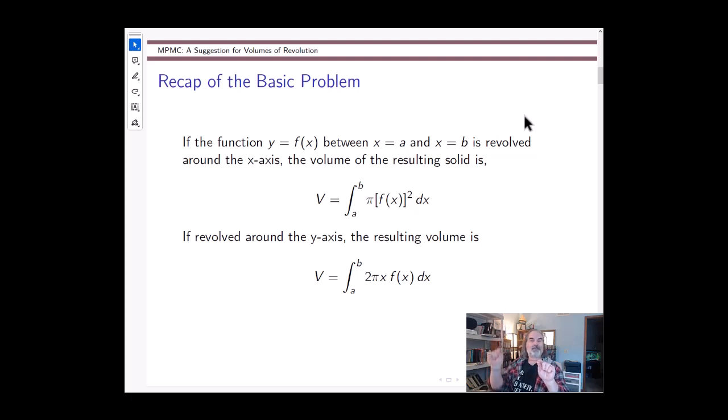The height of the cylinder is f of x, and so when you're swinging around the y-axis, you are making cylinders from every contributing sliver under the function, and you collect all those areas to create an overall volume of 2 pi rh, or 2 pi x f of x. So these are the two straightforward volume formulas for those scenarios, and the integration usually ends up pretty simple.